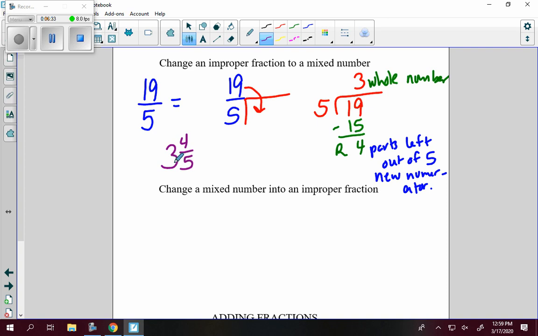When we change a mixed number into an improper fraction, well, let's take our 3 4/5 and make it back into an improper fraction.